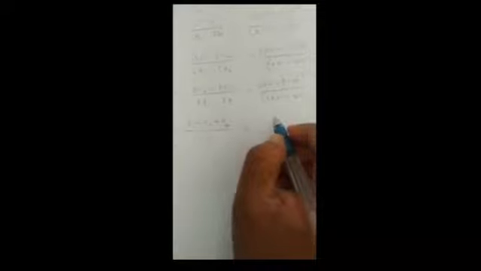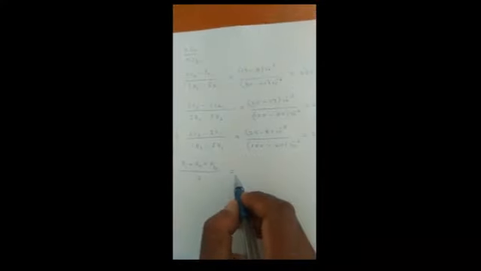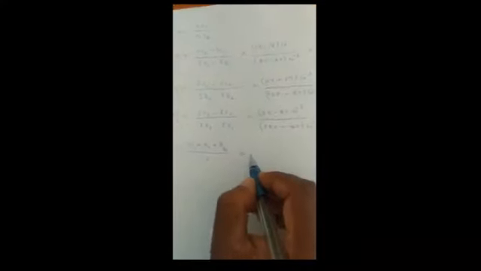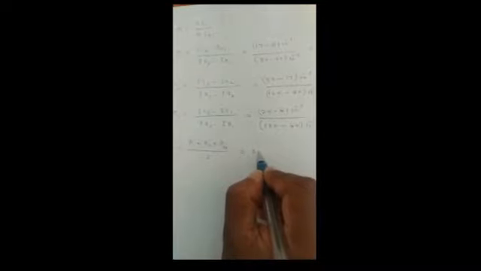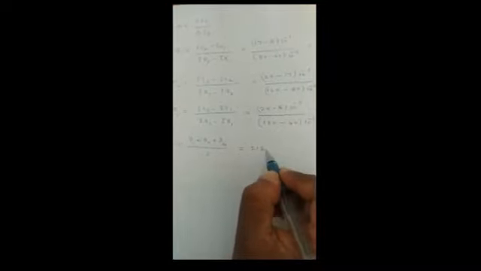So the average value will become, so I will show you. So the average value of beta is going to be 212, and the corresponding alpha is given by beta by 1 plus beta.